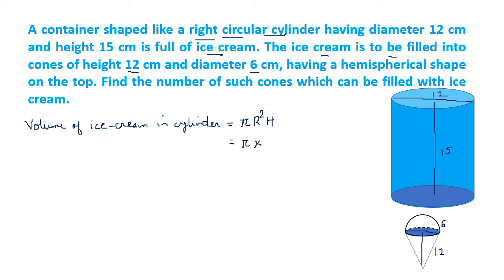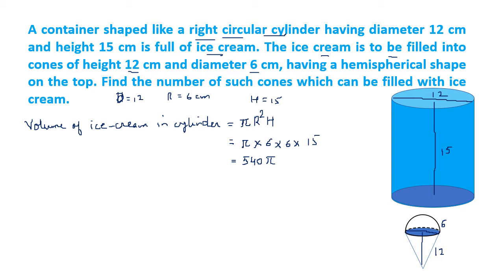Diameter is given 12. I should write capital D for diameter. So radius will be 6 centimeter. So into 6 into 6. The height is given 15 centimeter. So into 15. 15 sixes are 90, 96 is 540. So 540 pi is the volume of the ice cream in the cylinder.